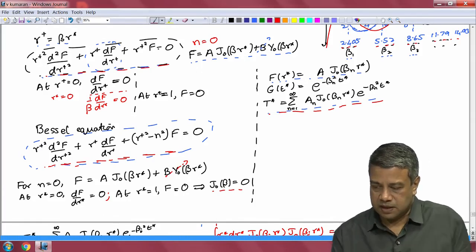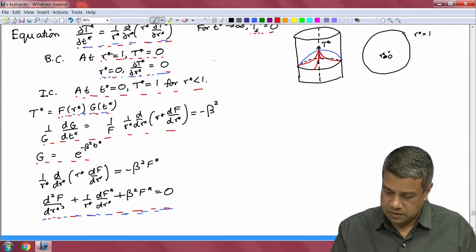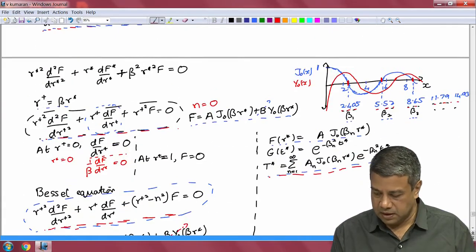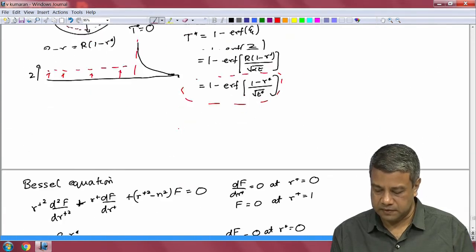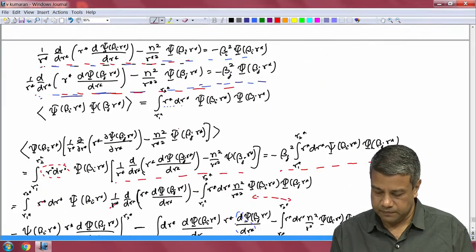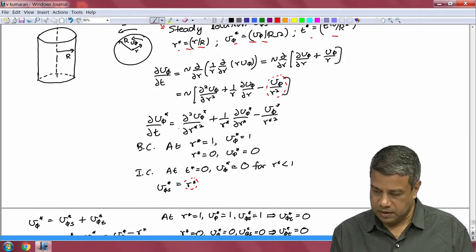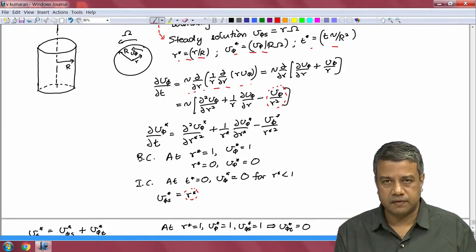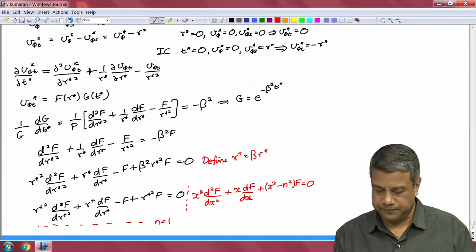That was because we had a slightly different form for the operator, 1 by r d by dr of r times df by dr. In this case the operator is different. The operator in this case is d by dr times 1 by r d by dr of r v phi. And because of that the solution is slightly different.